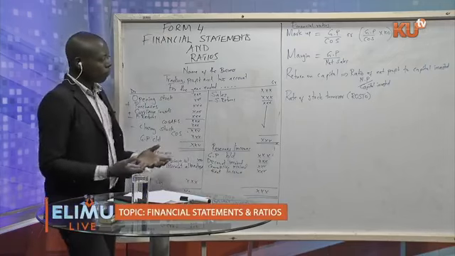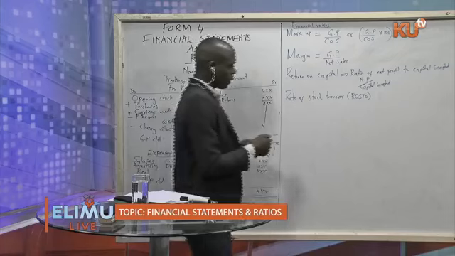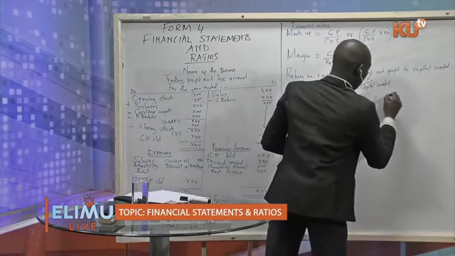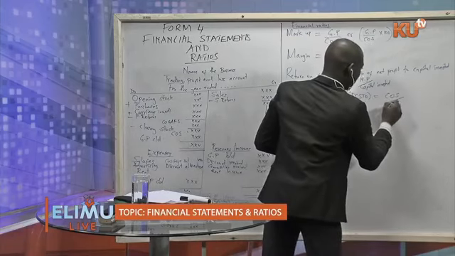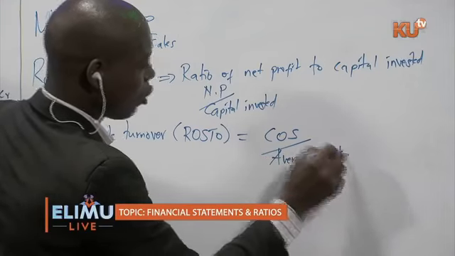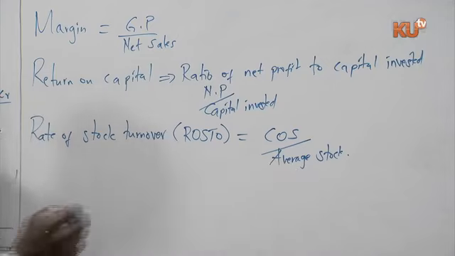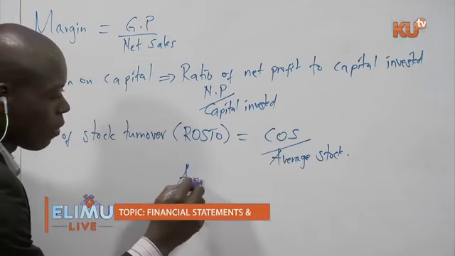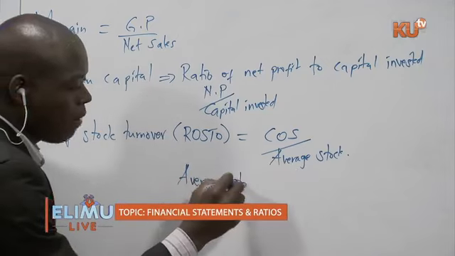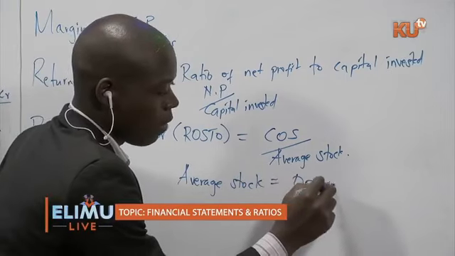And so we look at rate of stock turnover by looking at the cost of sale against average stock. And in this case, average stock is determined by opening stock.